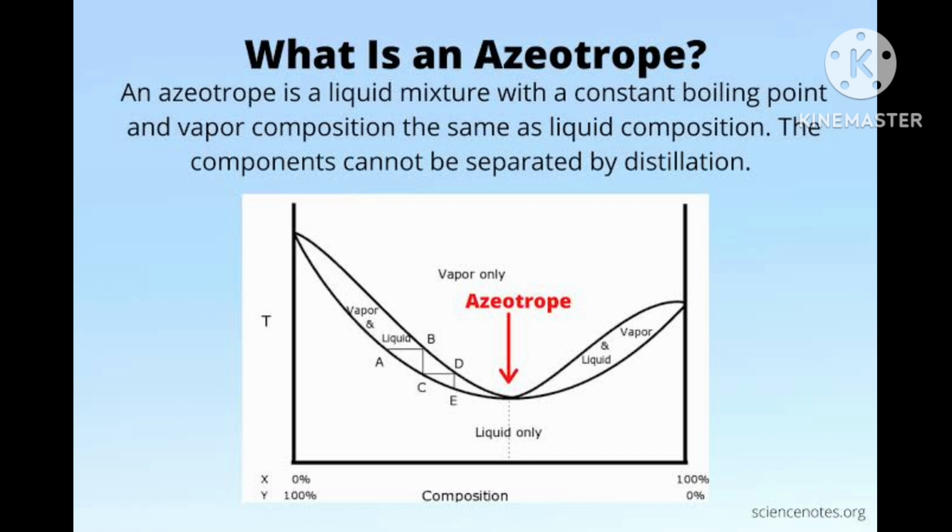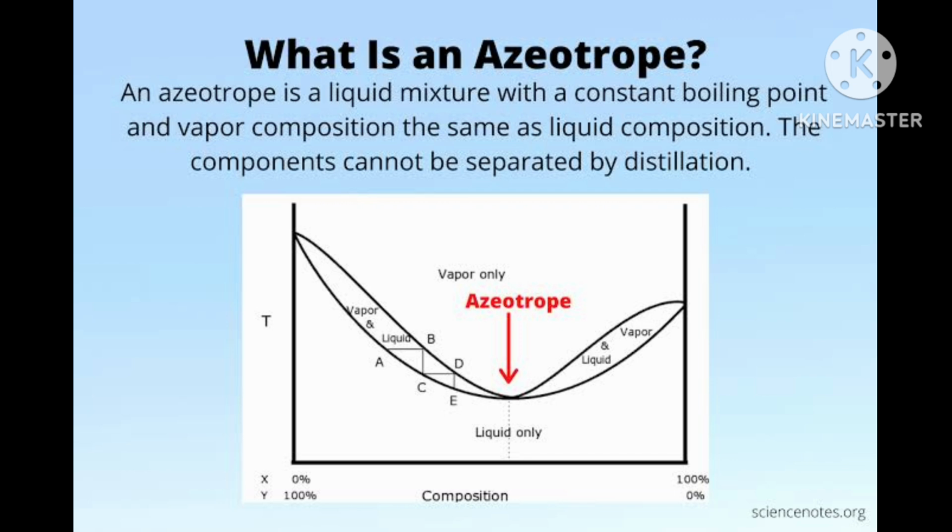Then AB interaction is very, very important. If AB interaction is weak, then positive deviation, because the bonds will break and the molecules will be free.